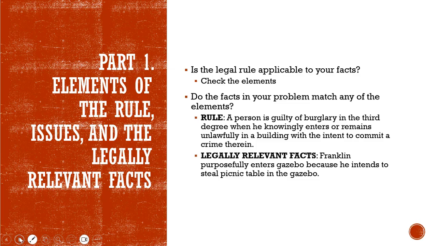The rule is, a person is guilty of burglary in the 3rd degree when he knowingly enters or remains unlawfully in a building with the intent to commit a crime therein. The facts of the case scenario: we're assuming this person, Franklin, purposely enters a gazebo because he intends to steal a picnic table in the gazebo.